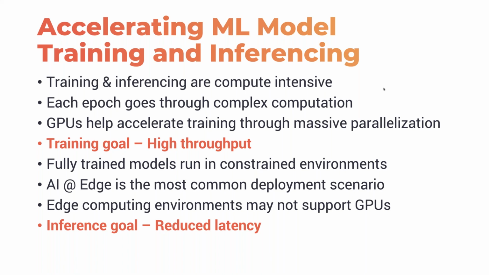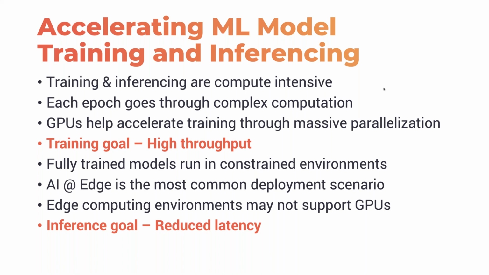We want to make sure that massive data sets are going through deep neural network architectures in a highly parallelized form, and we should arrive at a fully trained model in the shortest possible timeline. So these GPUs and CPUs should deliver the highest throughput to accelerate the training.